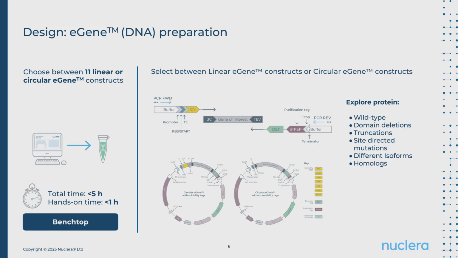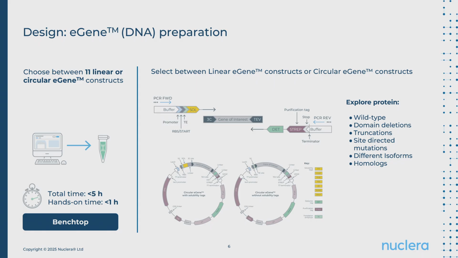And the way you design these on our system is basically for the membrane workflow, we have 11 different spots that you can put these constructs in, and it can go in as a linear construct or a circular e-gene construct. The circular e-gene constructs, most people prefer if they are going to then translate it into in vivo cell culture.